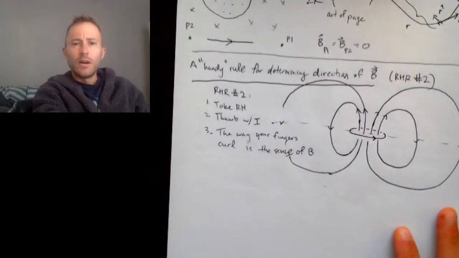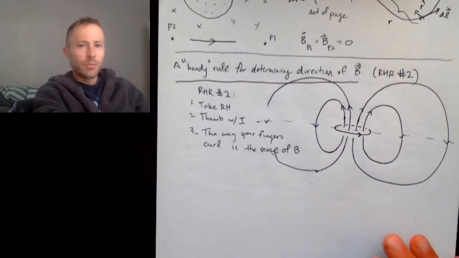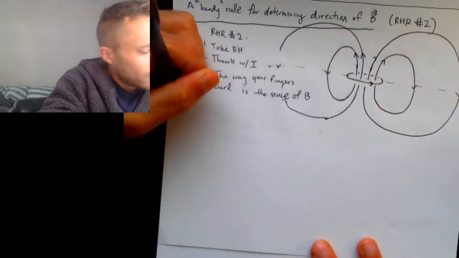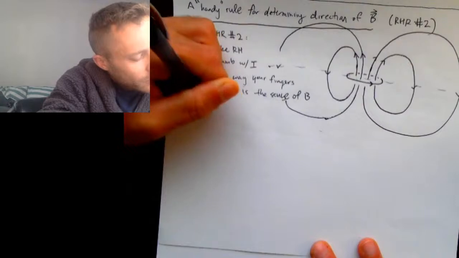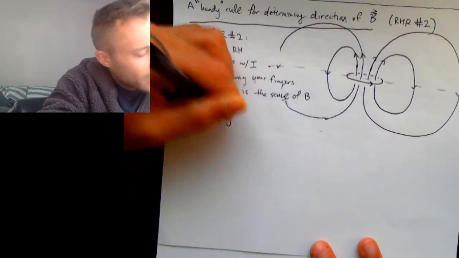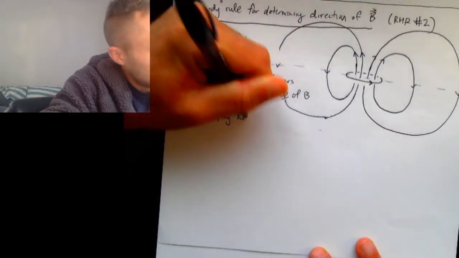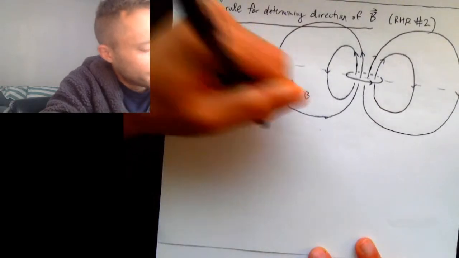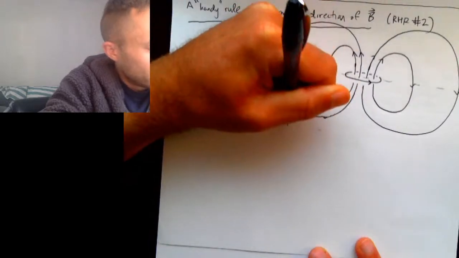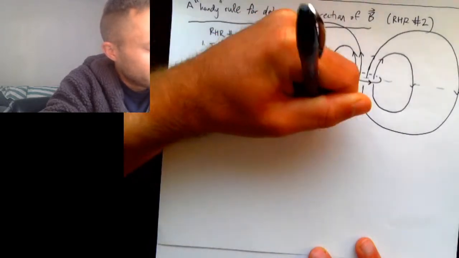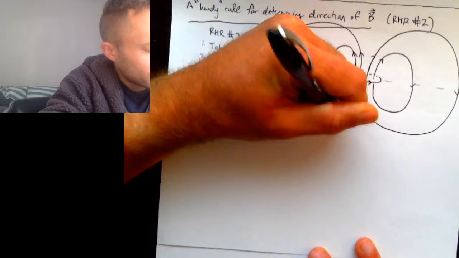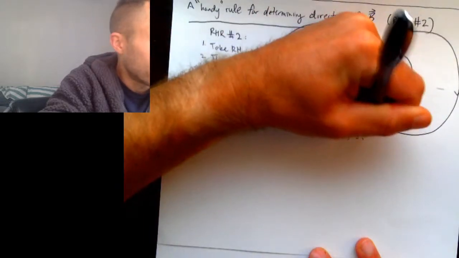Okay, let's apply right-hand rule number 2 to an infinite straight line of current.